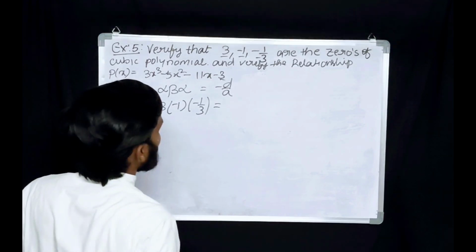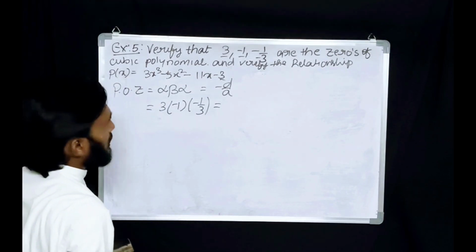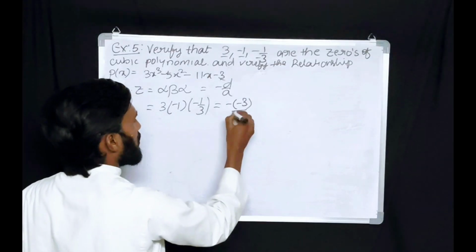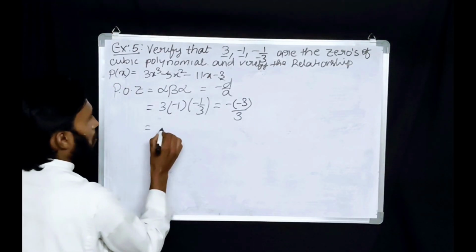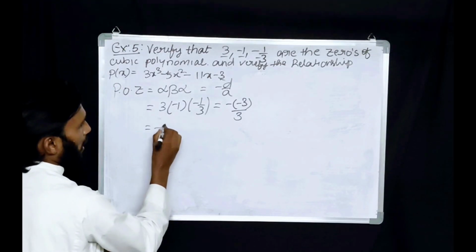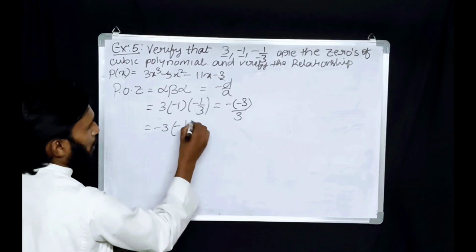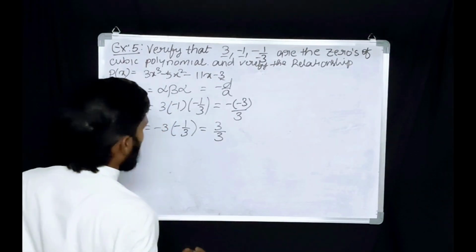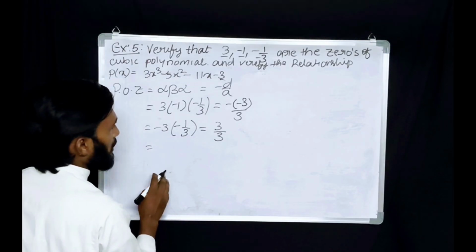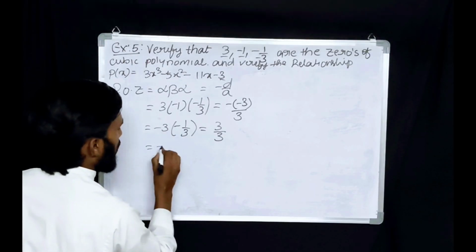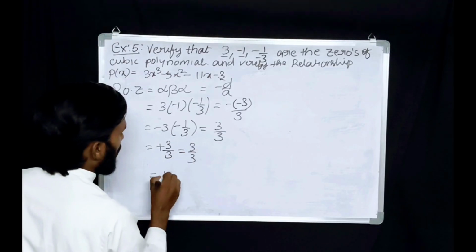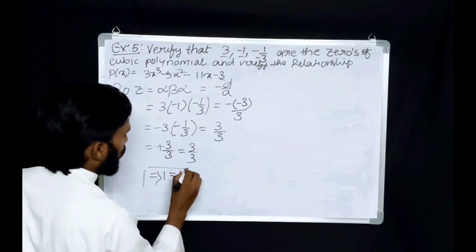So minus d, in the sense, what is the constant term? The constant term is minus into minus 3 by 3. So minus 3 into minus 1 by 3 is equal to minus into minus plus 3 by 3, which is 3 by 3, is equal to 1.